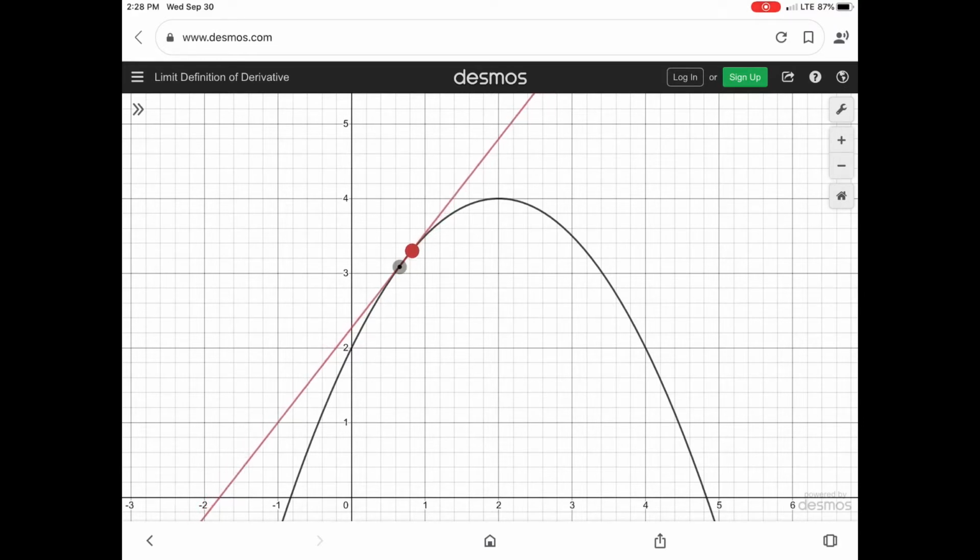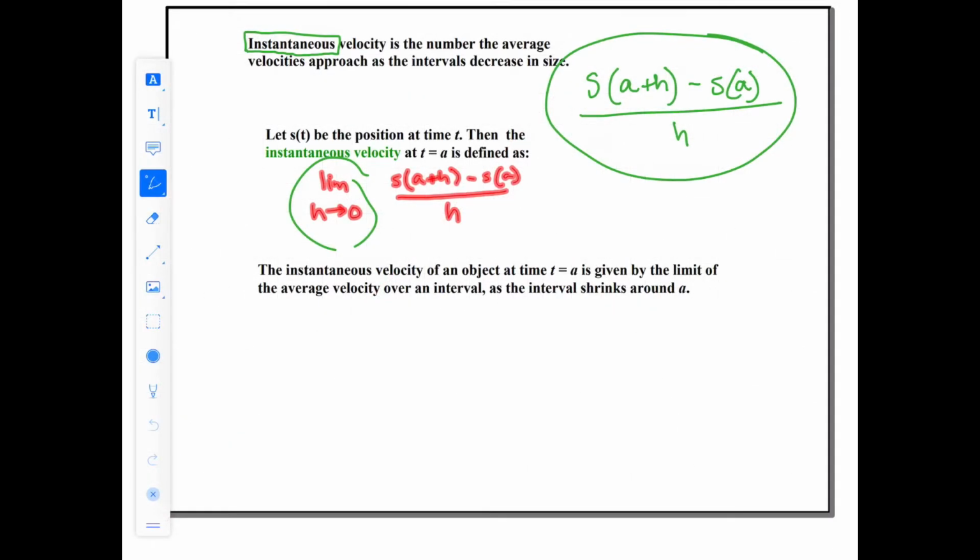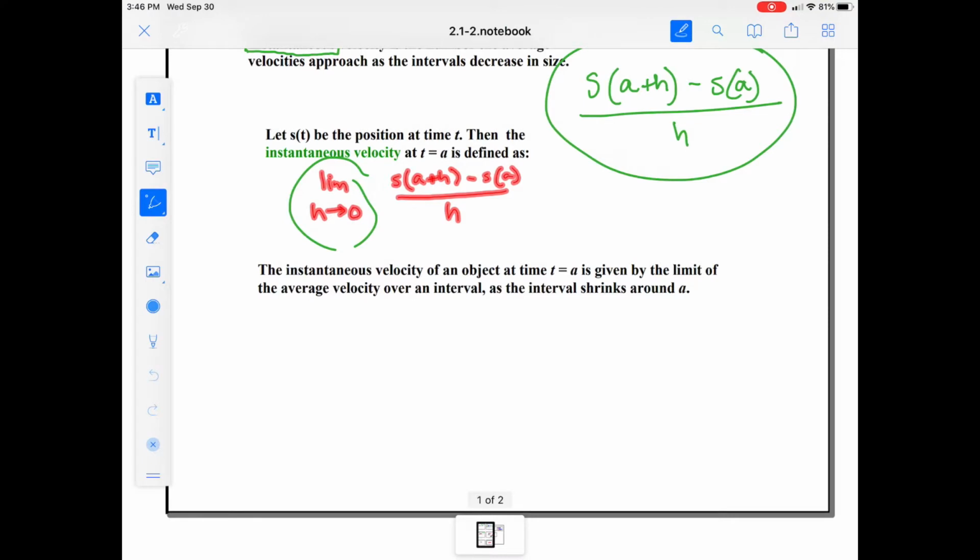So we're just going to close that gap, and we're going to let the distance between A and A plus h get smaller and smaller until we can see what that instantaneous rate of change is. So if we want to come up with our equation for instantaneous velocity at a given point, at a given time, let's say A, then we're going to use the average rate of change, that average velocity, and let the distance between those two points shrink and approach 0.